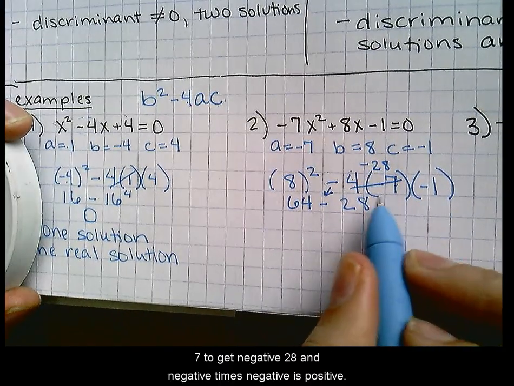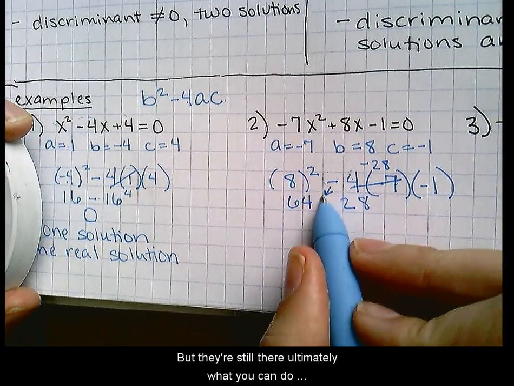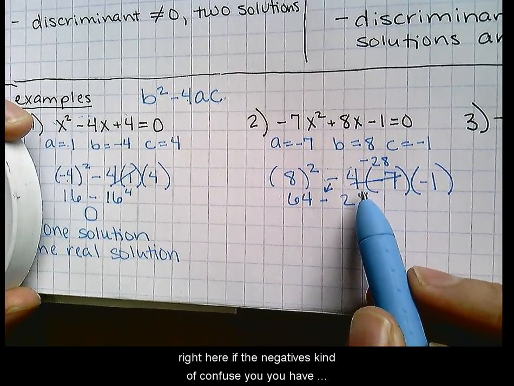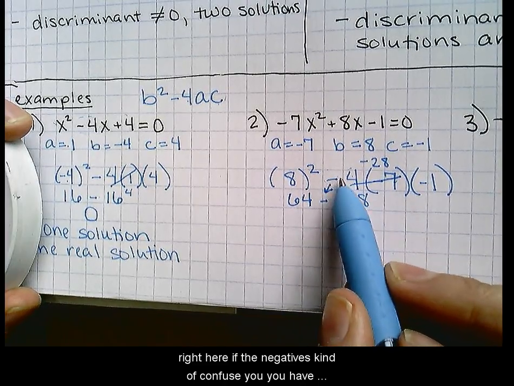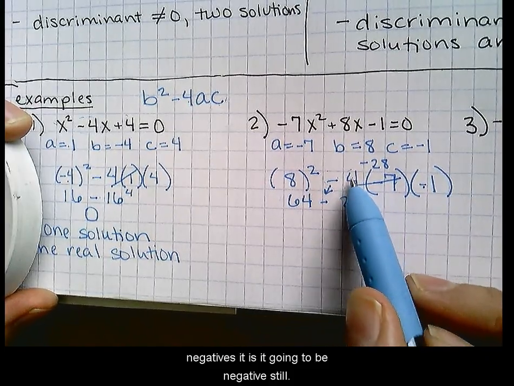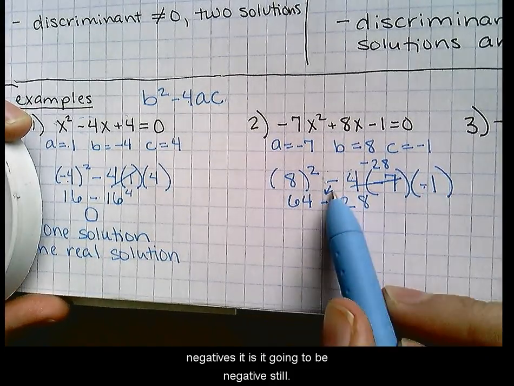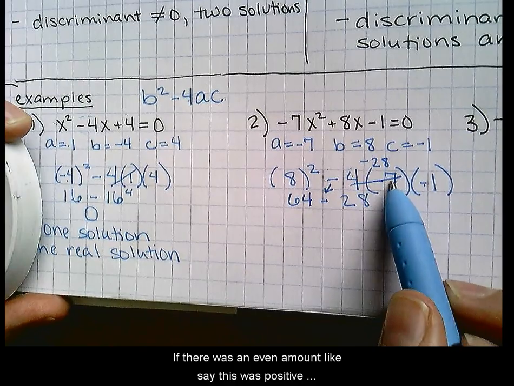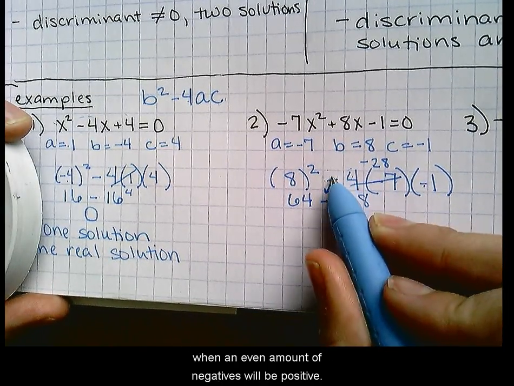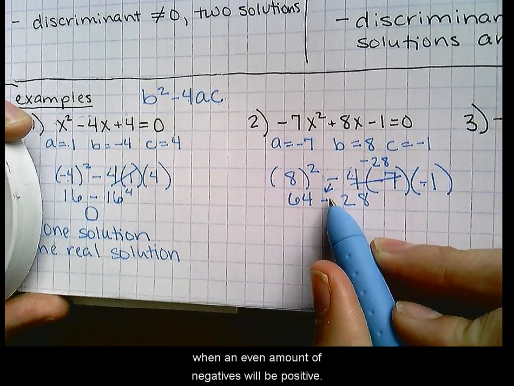And negative times negative was positive, but there's still this. Ultimately, what you could do right here, if the negatives kind of confuse you, you have a total of 1, 2, 3 negatives. If you have an odd amount of negatives, it's going to be negative still. If there was an even amount, like say this was positive 1, an even amount of negatives will be positive.